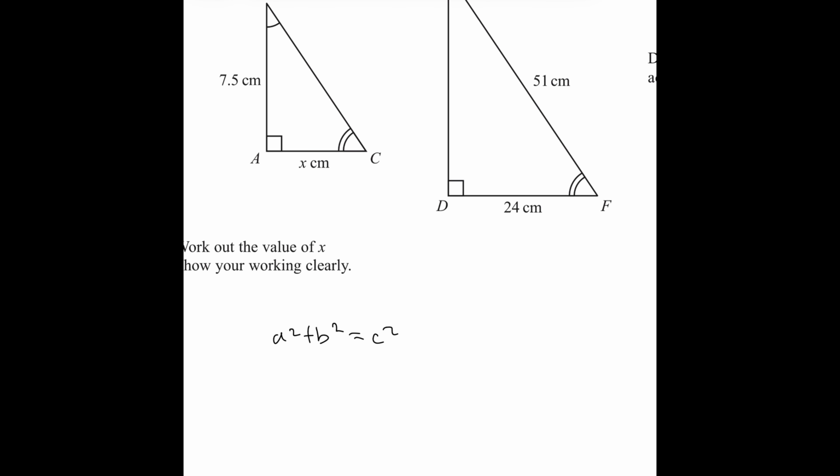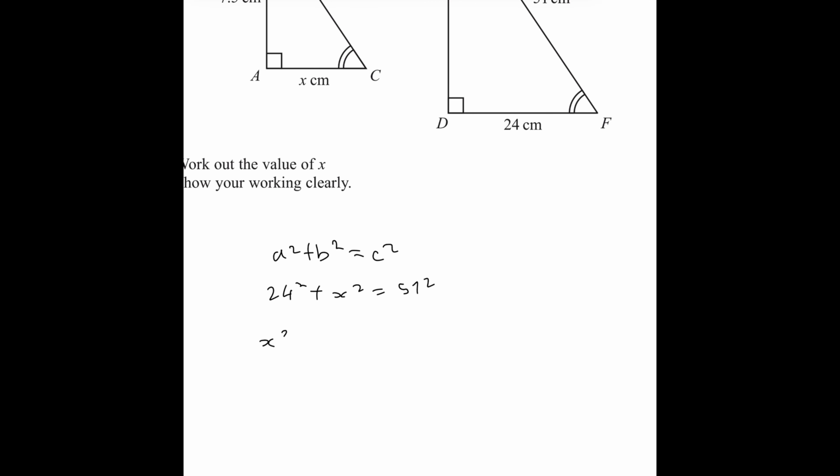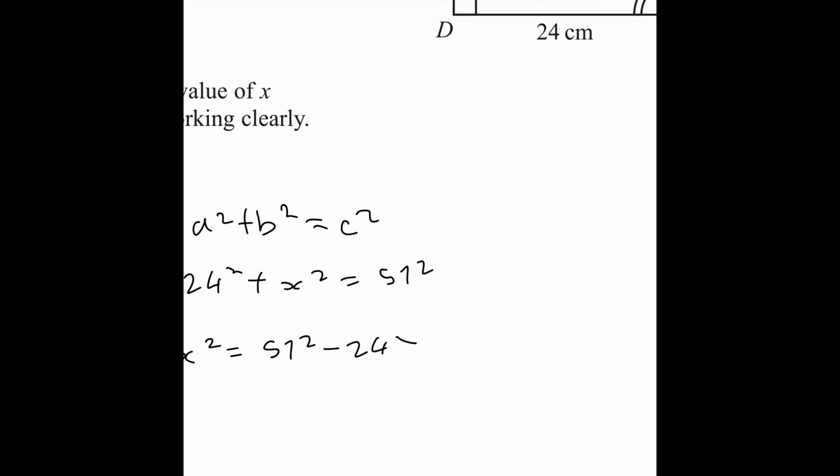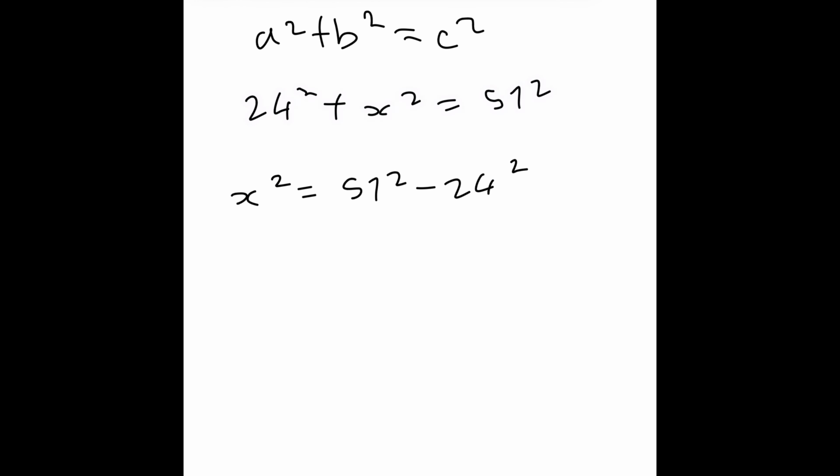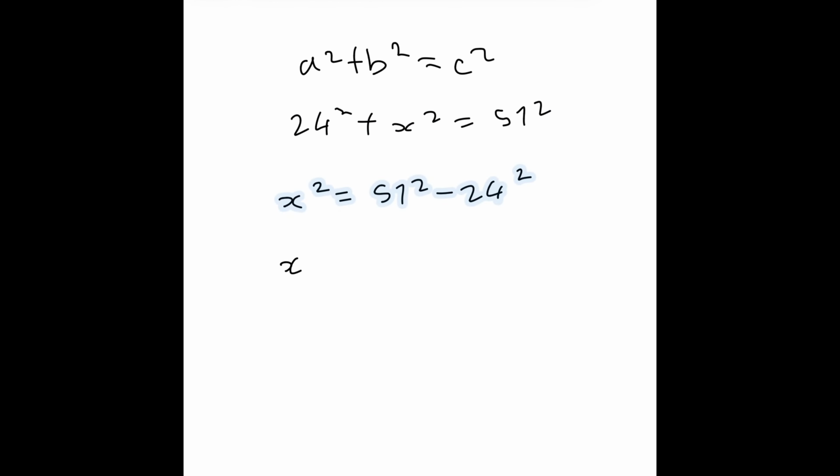So 24 squared plus x squared equals 51 squared. That means x squared equals 51 squared minus 24 squared, so x is the root of 51 squared minus 24 squared. Just plug that into the calculator.